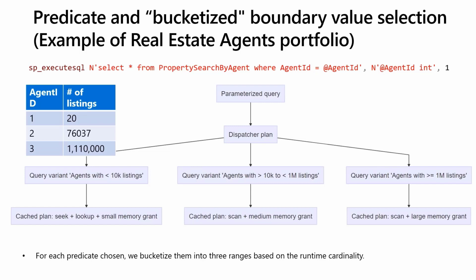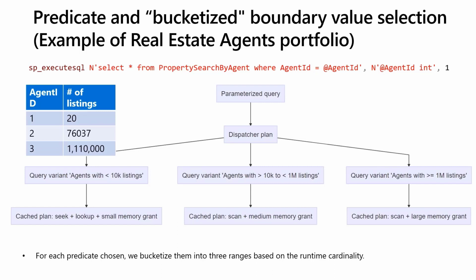The query variants are the entities that do all of the work. These are the things that actually create the query plans that get cached and reused. The dispatcher plan, query plan, not so much. It's really meant to create these query variants.